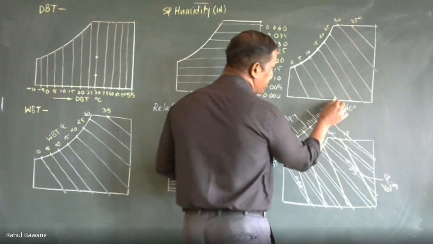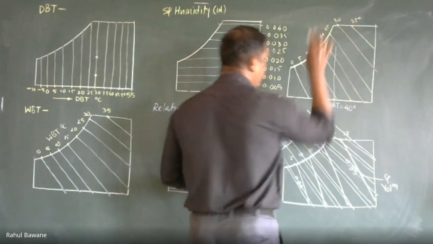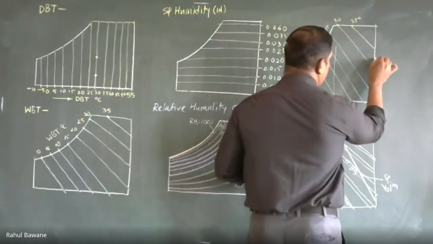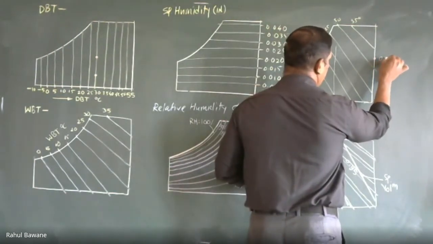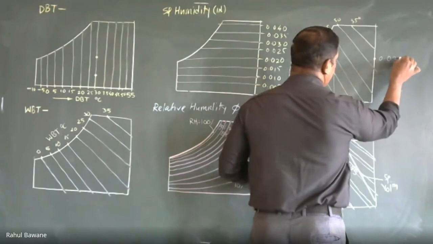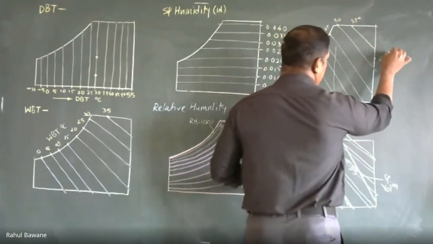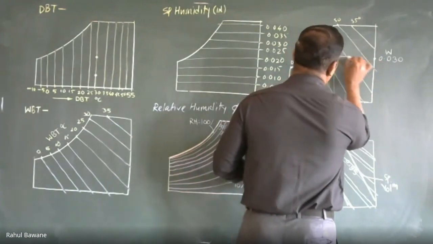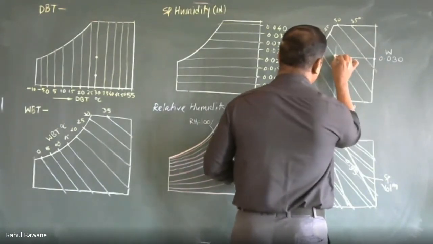So the DBT line will be vertical. And this air has some specific humidity, suppose 0.030. The specific humidity line will be horizontal. So this is the intersection point.